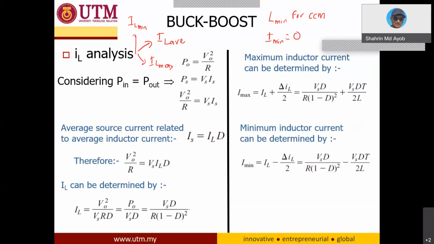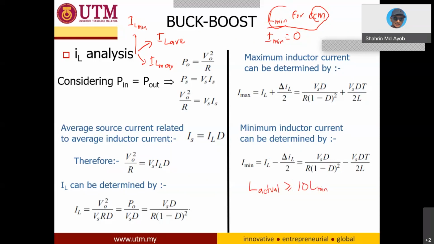You need to find the IL average, IL minimum, IL max, and to determine the CCM, you need to have L minimum. So how to find the minimum inductor? Set I minimum equal to 0. After you obtain L minimum, the L actual that you use should usually be larger or equal to 10 times L minimum, because L minimum is the minimum value for the converter to be in CCM.